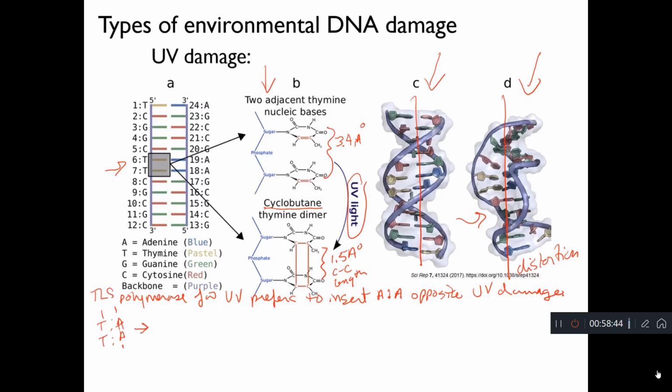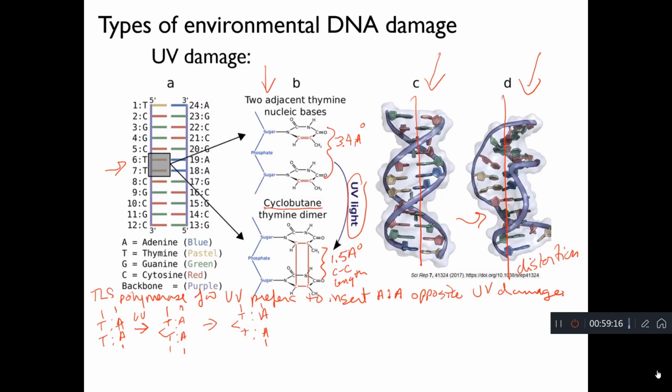You know, you expose it to UV, and then we get the generation of these thymine dimers in the one strand. Okay, and it's still base pairing with our A's. And then we undergo replication. Okay, so the strand that has the thymine dimer in it is going to have the TLS polymerase actually insert a pair of A's opposite it.